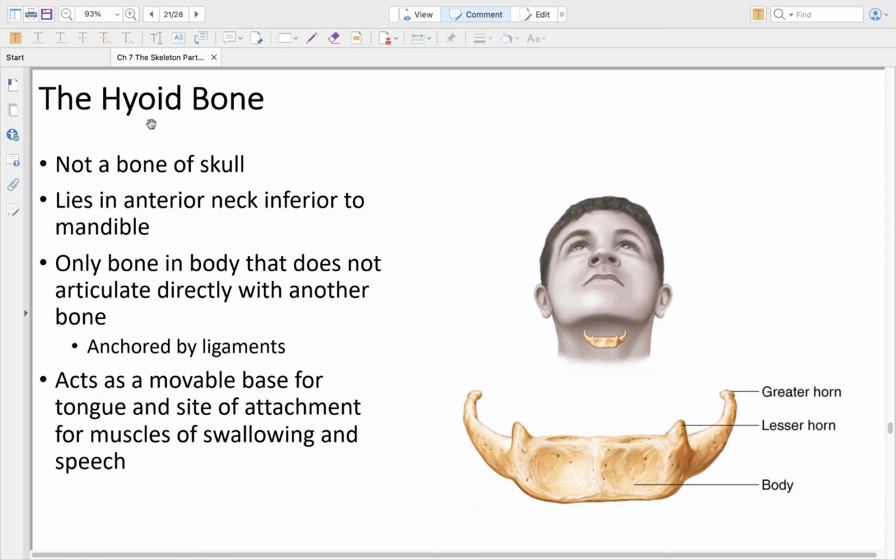And as you can see, it is anterior to the neck, inferior to the mandible, so right underneath the mandible, right in front of the neck. Okay. And if we look at the anatomy of it, it has a body, a greater horn, and a lesser horn.